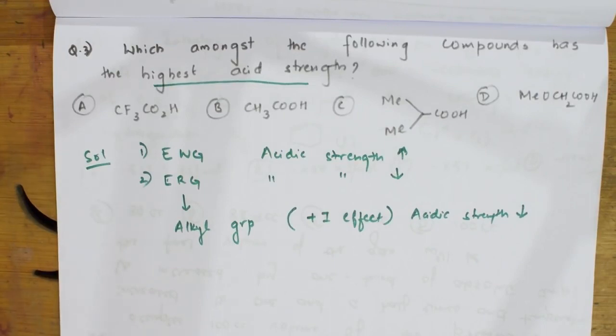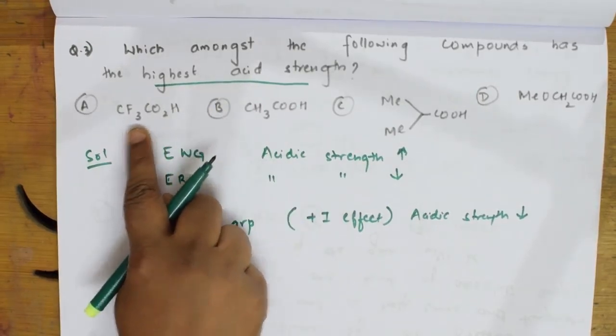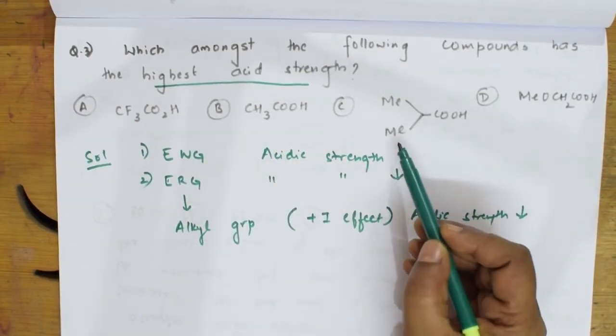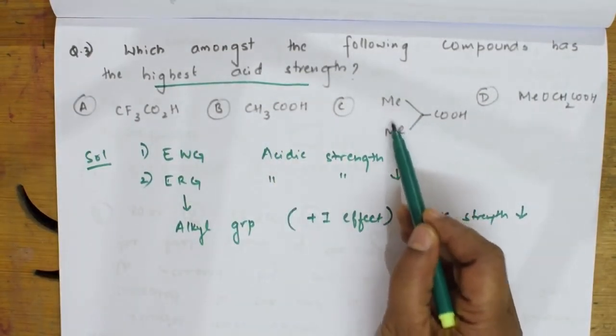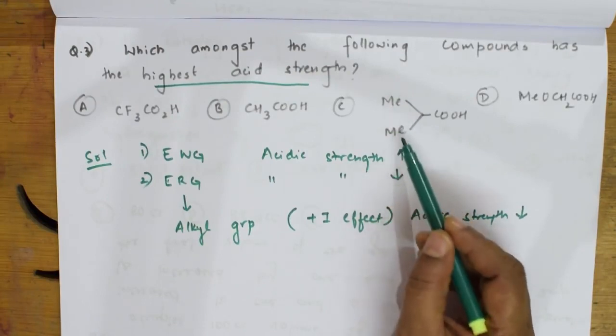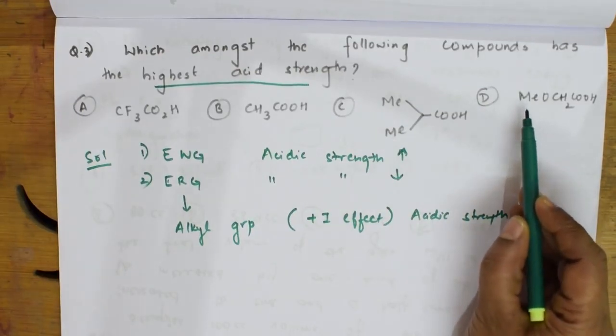Now let us come back and see which one has an alkyl group. In the first compound, is there an alkyl group? Not there. In the second compound, there is an alkyl group here, CH3. In the third compound, there is again an alkyl group. How many alkyl groups? 2 alkyl groups, 2 methyl groups. In the third one, there is 1 methyl group present.